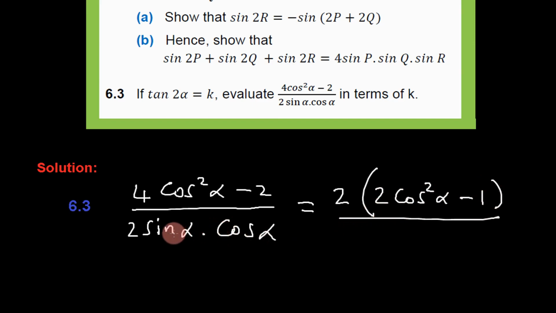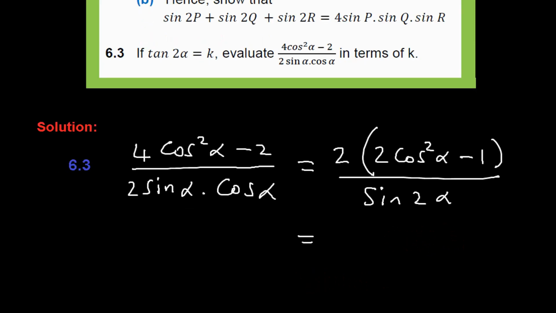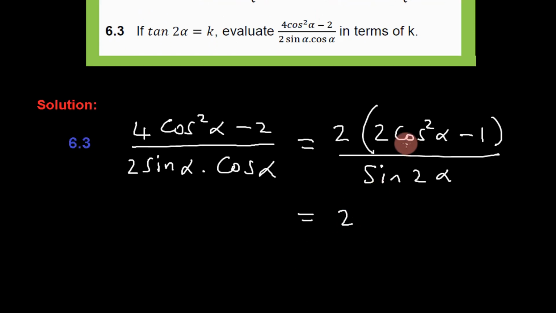Then the denominator is actually the expansion for sine 2 alpha. In other words, the double angle expansion. Then 2 cos squared alpha minus 1 is the expansion, or one of the expansions for cos 2 alpha.